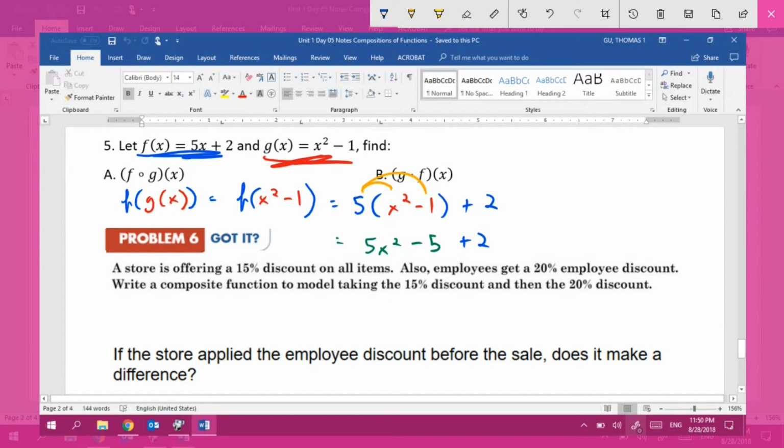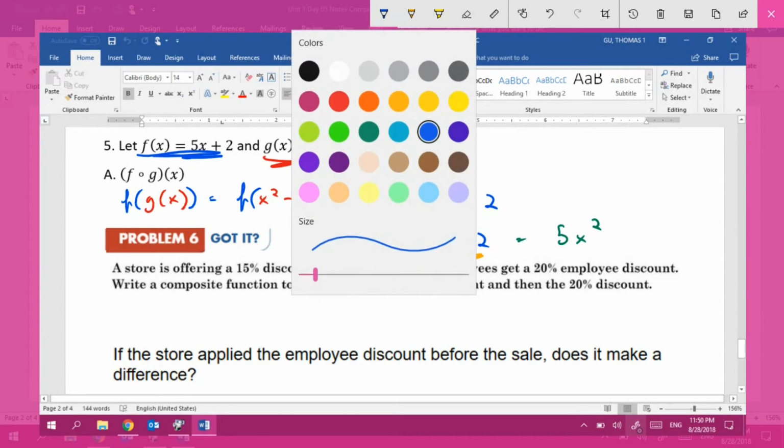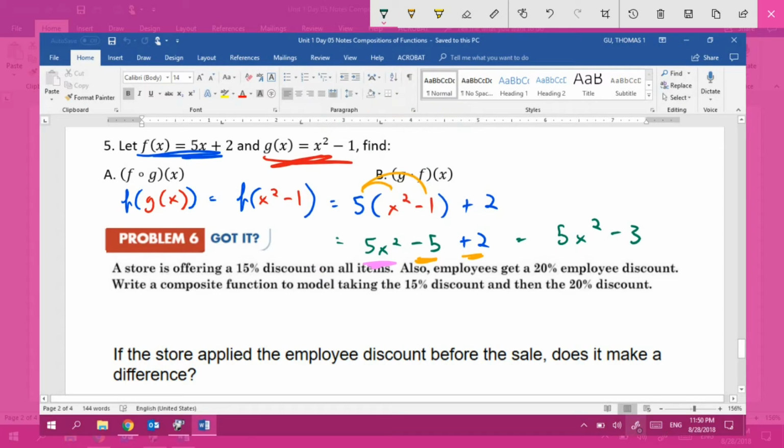And so let's combine the like terms. The only x squared term is the 5x squared, so we're going to leave that like it is. So 5x squared. And then the solid numbers that we have are negative 5 and positive 2. So what's negative 5 plus 2, that is going to be minus 3. So right here, f of g of x is going to equal 5x squared minus 3.